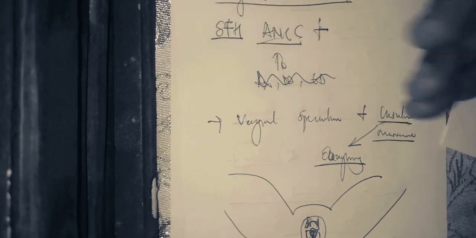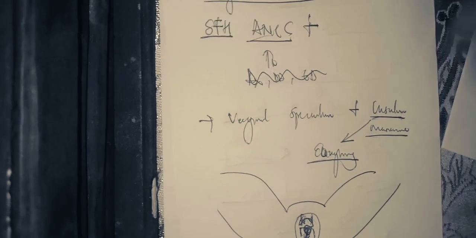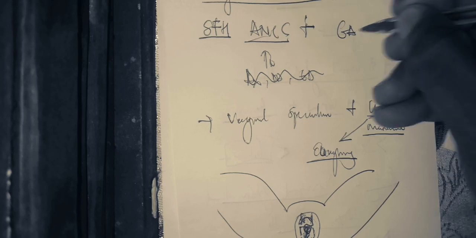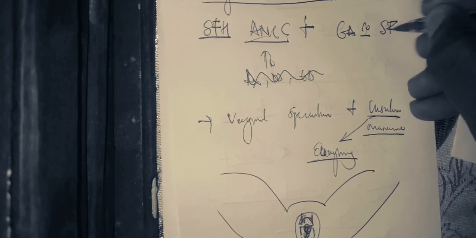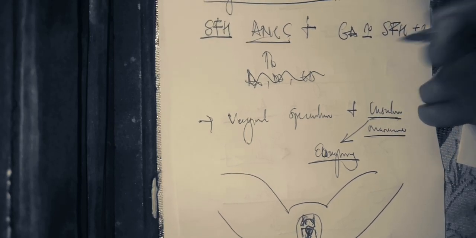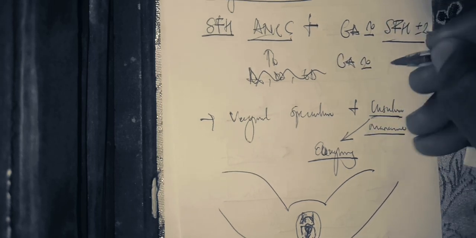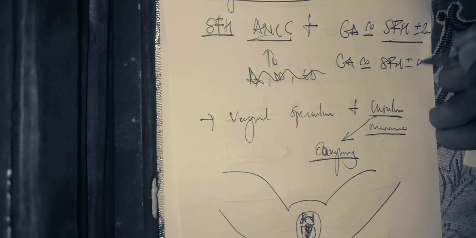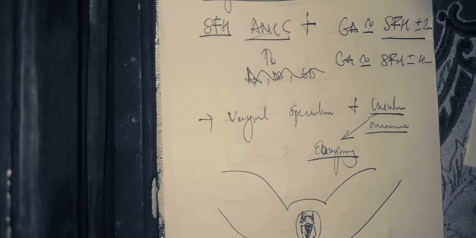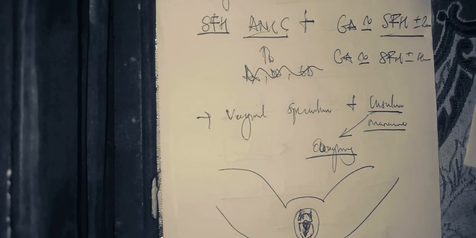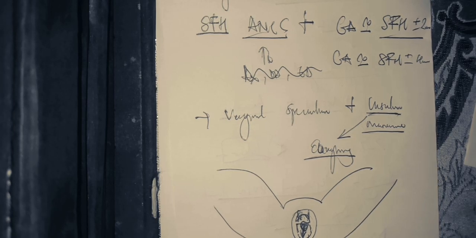If the symphysio-fundal height is greater than the gestational age, you need to know that the gestational age is approximately equal to the symphysio-fundal height plus or minus 2 weeks of gestation, provided that the height is below the umbilicus, and approximately equal to the height plus or minus 4 weeks of gestation, provided that the height is above the umbilicus. Is it clear? So those are the different elements.